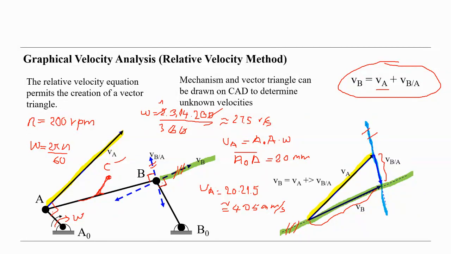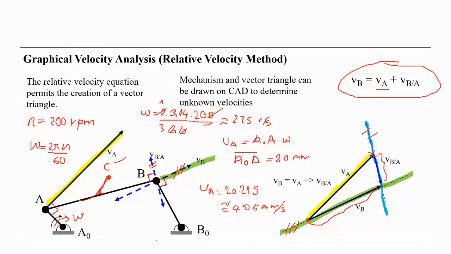Starting from one point, let's say this is the point we started, we can draw a parallel line to VA like this. We know also the end point of that, so we know VA completely, direction and magnitude.